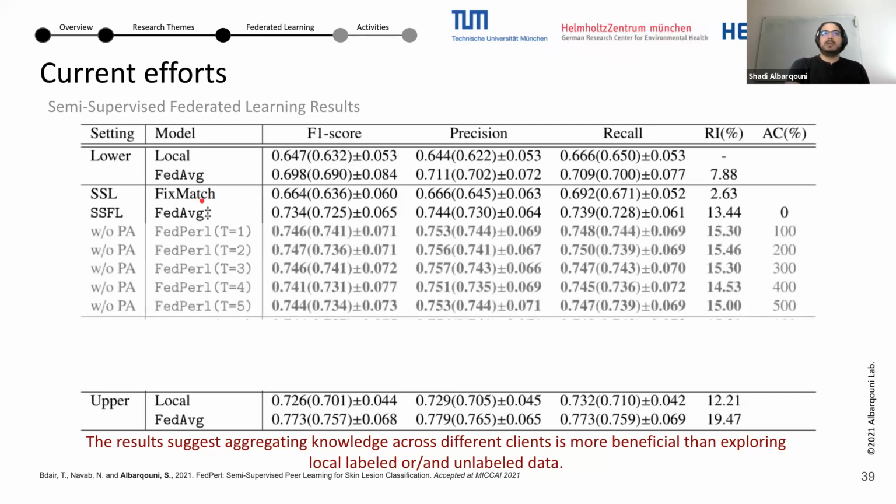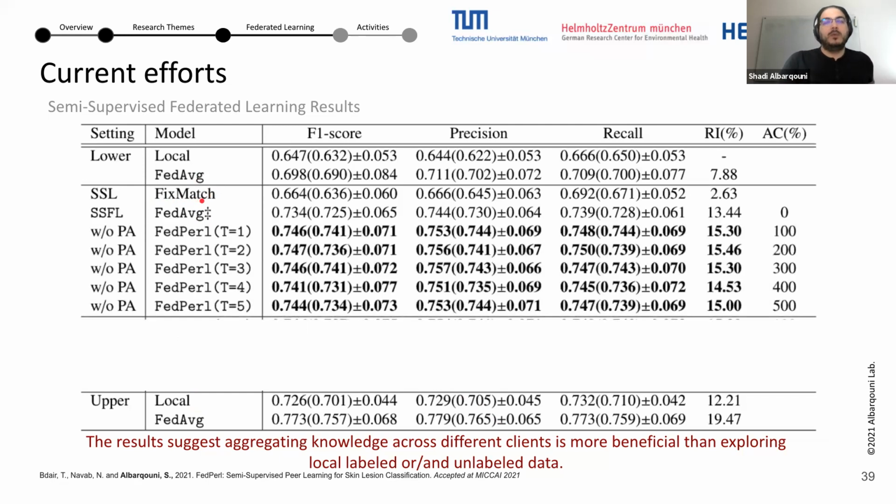Now let's have a look at the results of FedVal, our approach, with different values of T, where T is the number of peers that we send to the target client. What you can observe here is that most of these results outperform all the state of the art, probably by a big margin.